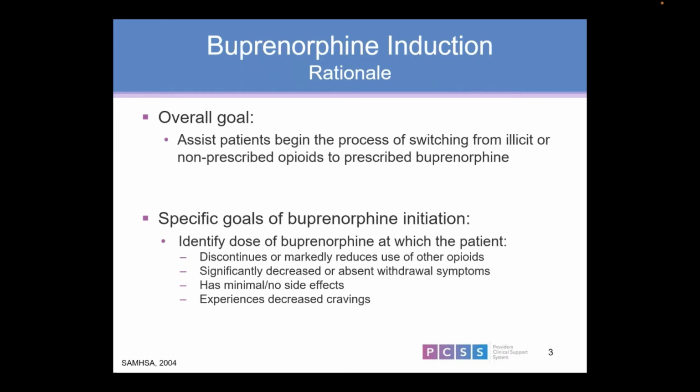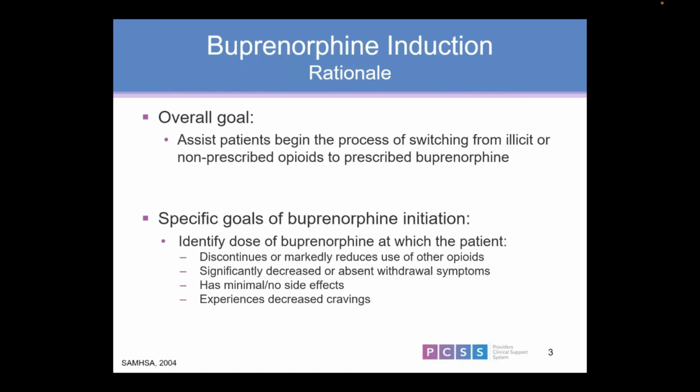So specific goals are really to identify the dose at which the patient can reduce, hopefully stop entirely, their use of opioids, and decrease any kind of withdrawal symptoms that they might have. And we'll talk a little bit about using buprenorphine as a withdrawal management medication.